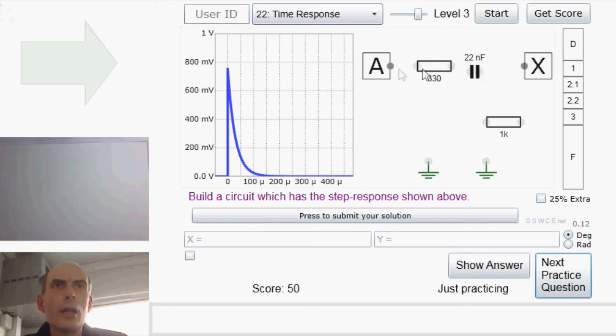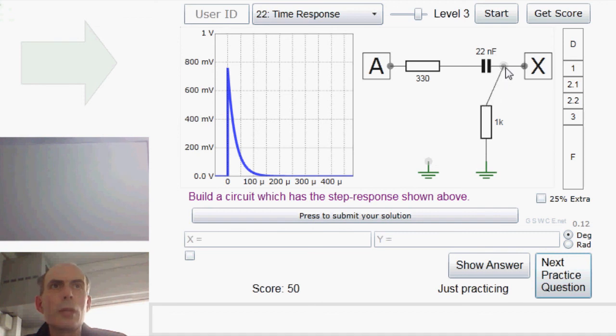So let's put a 330 in the way there, and then think about putting a resistor down to ground. Now, we could do this in one of two ways. We could do it here, this way, or we could do it here, this way.